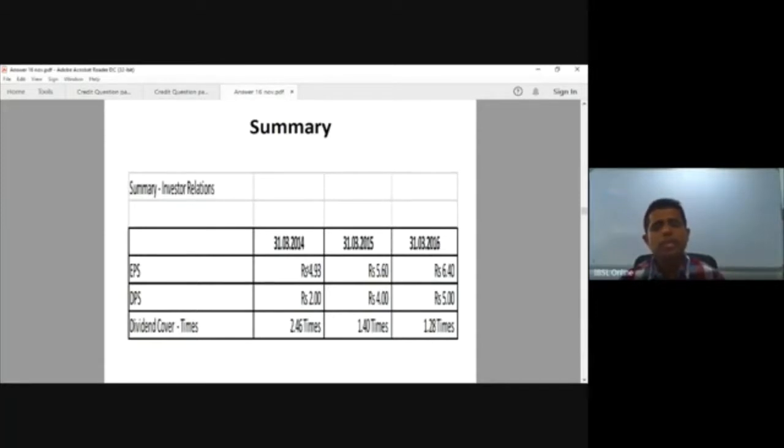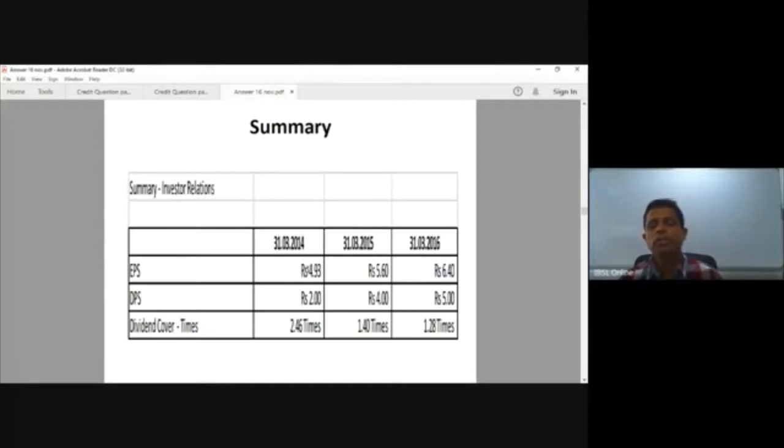Therefore, whatever the earnings, if you can retain something for the future, it's better. Now, in 2014, the company earned 4 rupees 93 cents for a share. Out of that, they declared 2 rupees. In 2016, they earned only 6.4 rupees.